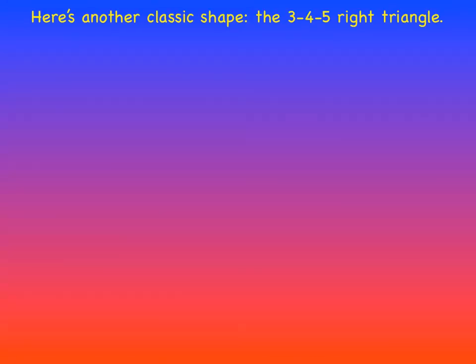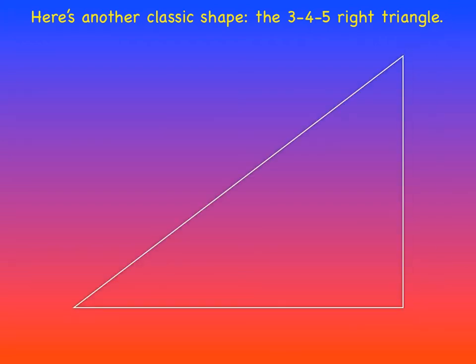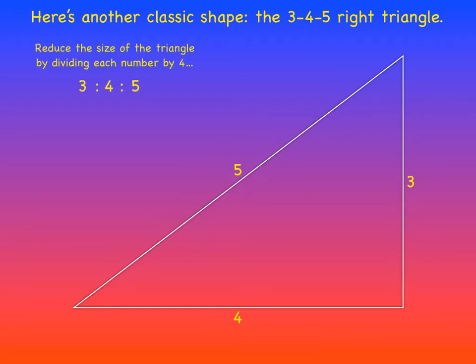Well, here's another classic shape, the 3, 4, 5 right triangle. How would we go about fitting that onto a unit circle? There it is, 3, 4, 5. Well, we can reduce the size of the triangle by dividing each number by 4. Let's see what happens when we do that.